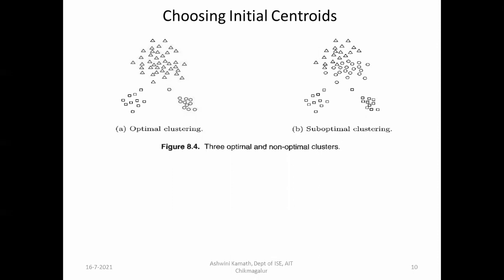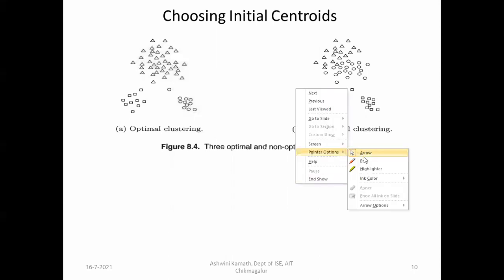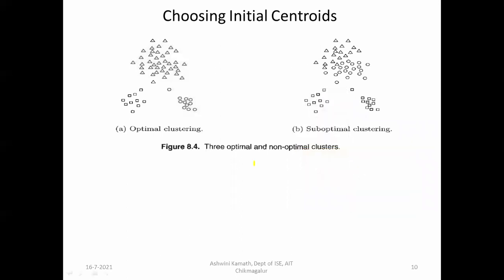It is an optimal clustering, and figure 8.4b is a suboptimal clustering, because you can notice the points in each cluster. In the optimal one, only similar points are in each cluster. All the points represented using triangles are similar, the dots or circles are the same, and with the square symbol we have the same values.